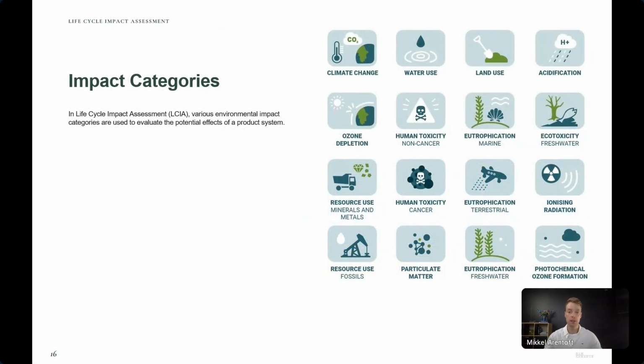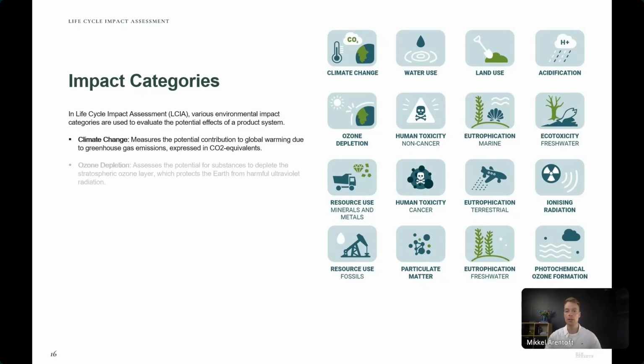If we dive into the impact categories, these are some examples taken from the ReCiPe methodology as an example. It includes various impacts that the emissions from our product system might have on the environment, such as climate change, which measures the potential contribution to global warming due to greenhouse gas emissions, which is expressed in CO2 equivalents. It can include ozone depletion, which assesses the potential for substances to deplete the stratospheric ozone layer.